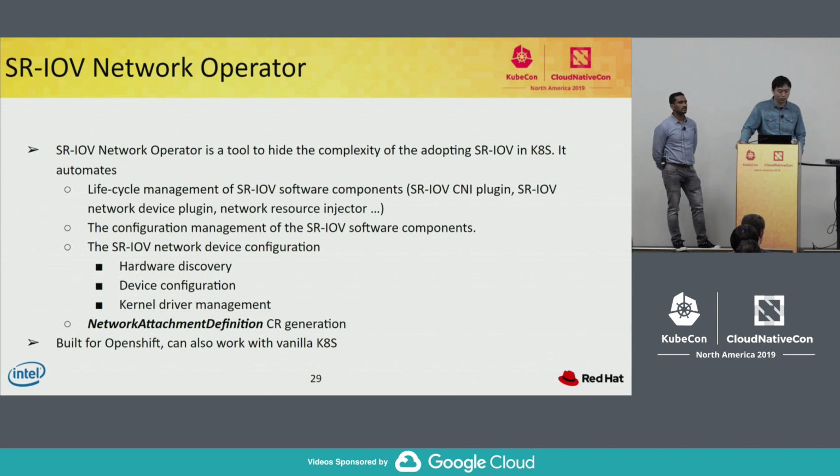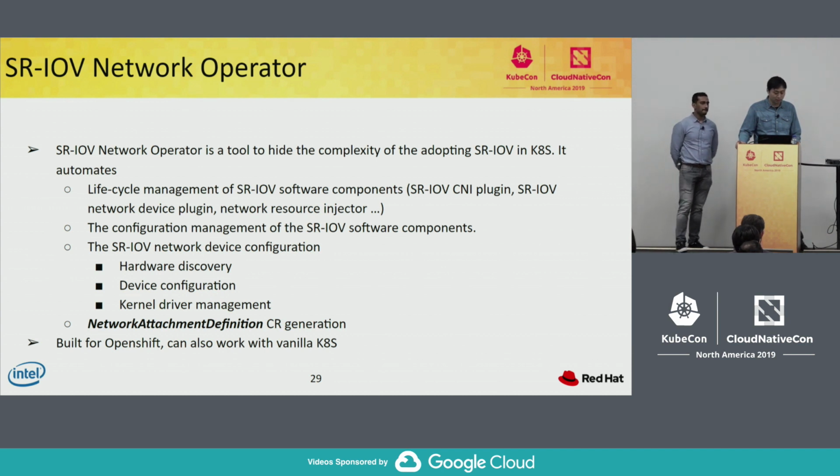For example, if you are using a DPDK application in your pod, you need to load the VFIO driver instead of the default kernel driver. And lastly, it also generates the network attachment definition for the SR-IOV network you created.